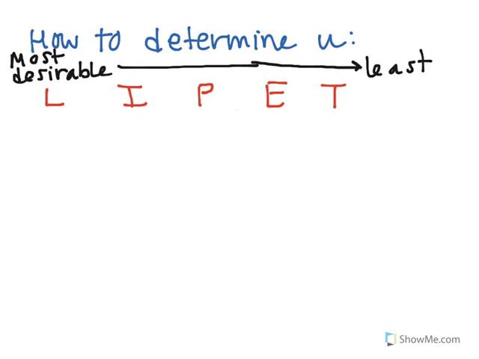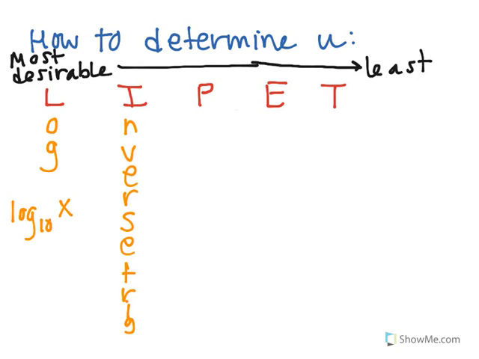L stands for log, and an example is log of x. I stands for inverse trig, and an example is inverse sine of x.